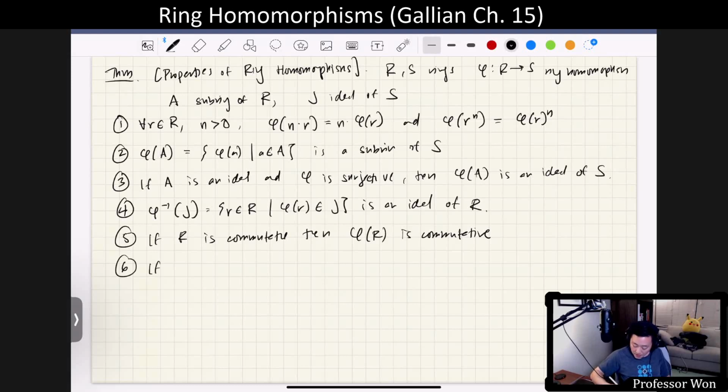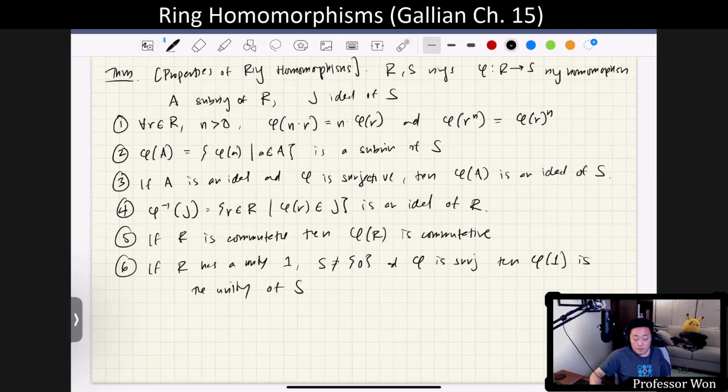6. If R has a unity, S is not the zero ring, and phi is surjective, then phi of 1 has to be the unity of S. Okay, 7. Phi is injective if and only if the kernel is trivial. This should look familiar.